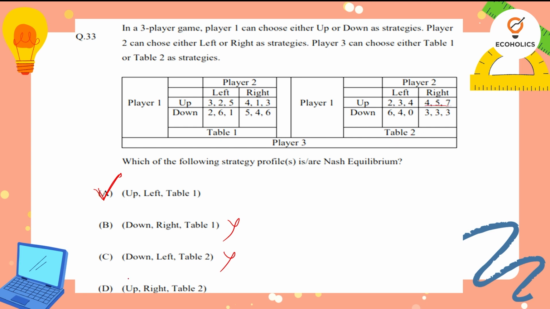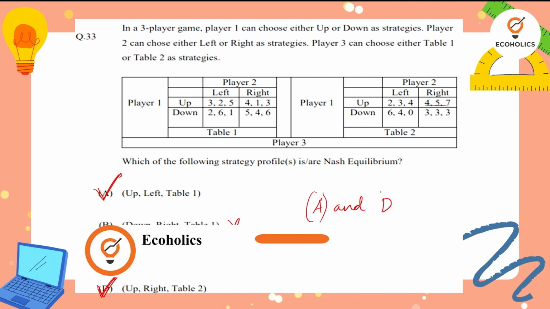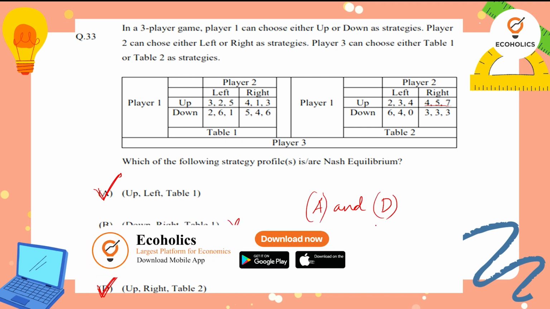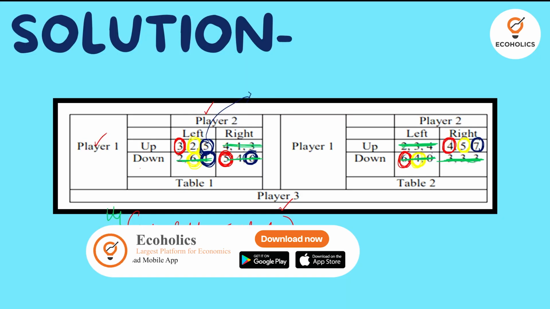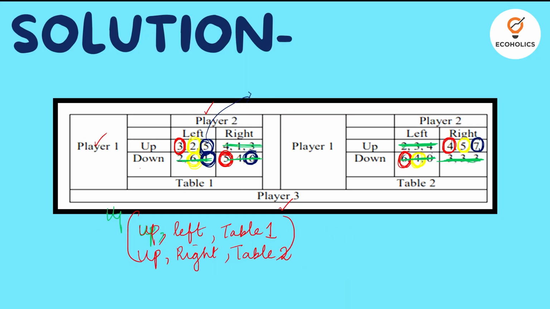This one, D. So A and D, there are two strategy profiles which are at Nash equilibrium. So A and D is the answer, right? So that's about it. A and D.